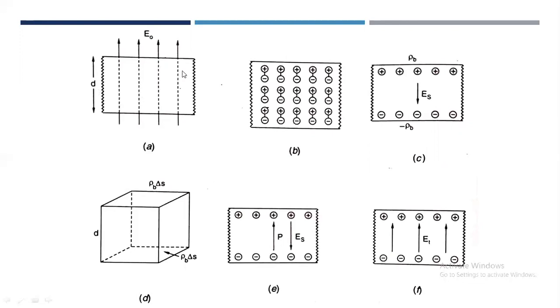This field separates the positive and negative charges in opposite directions, as you can see in figure C. Since the electric field and the electric susceptibility are uniform, the density of the induced dipole moment, that is the polarization vector capital P, is uniform, which is shown in figure B.